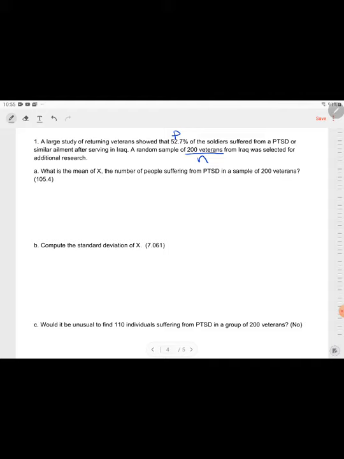So what is the mean? mu x is equal to n times p, so 200 times 0.527. If we multiply, we get 105.4.